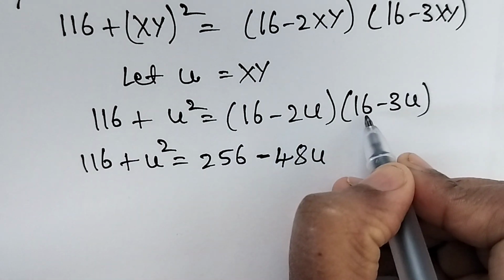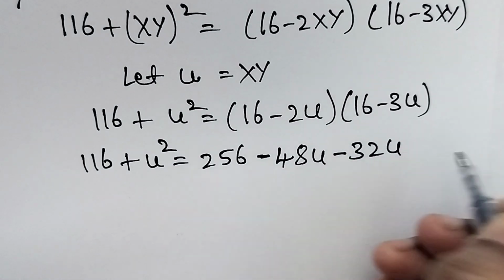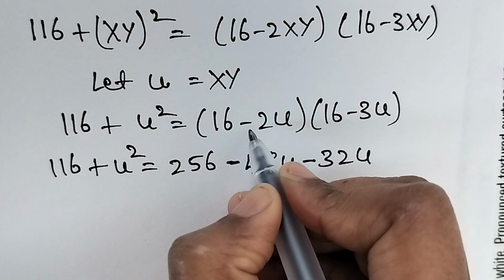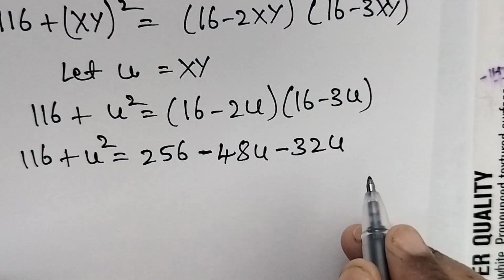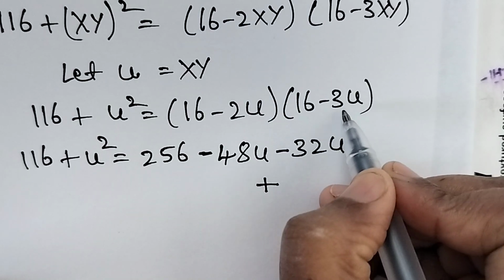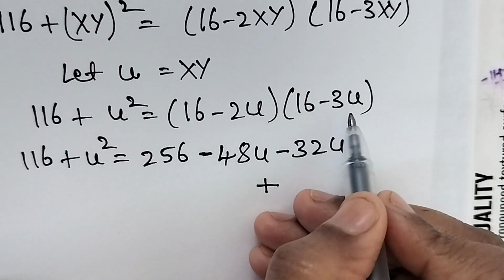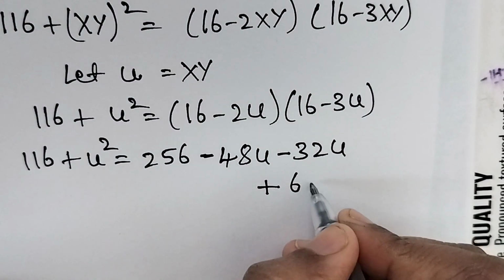So 2 times 16, which is equal to 32, minus 32u. So here we have minus minus, it will become positive. So now plus 2u times 3u, which is 2 times 3, 6, u times u, 6u square.